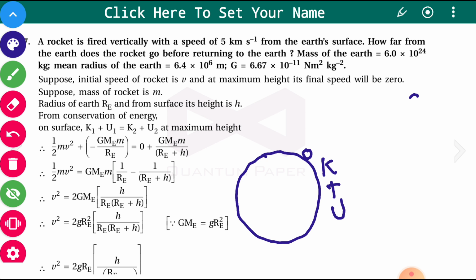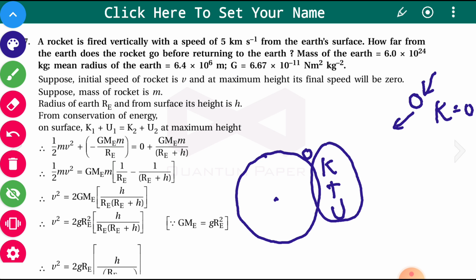When it reaches a certain height and comes back, it stops for a while, so kinetic energy becomes zero at that point. So finally its kinetic energy is zero because it stops there, and its potential energy will have some value. So initially it has kinetic plus potential energy, finally it has only potential energy.